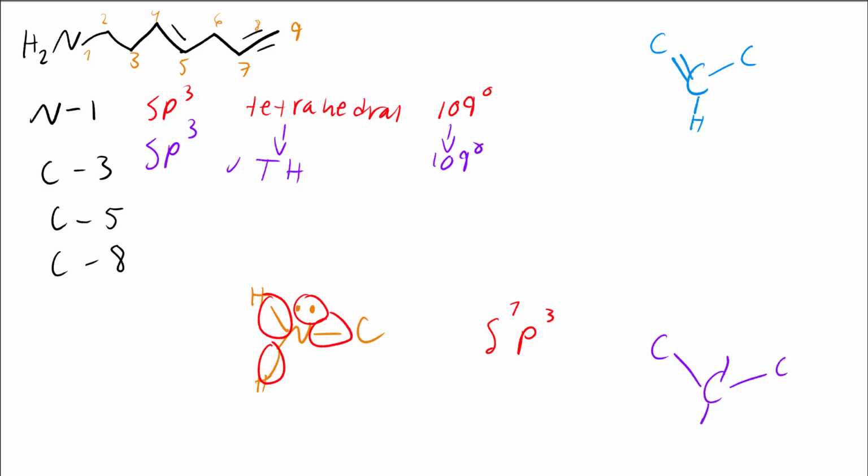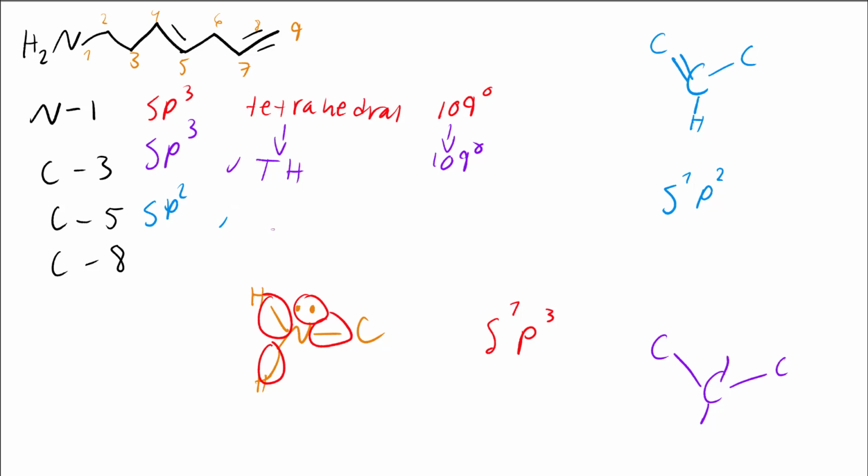All right, since we have 4 bonds, carbon can only support 4 people in total, and those 4 people are in 3 houses, then we would have an S1 P1 plus what gives you 3, right? 1 plus 2 gives you 3. So that is an sp2.